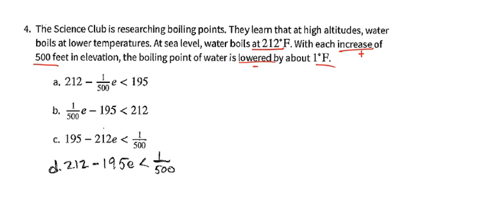I don't care that it's a science club. We're just talking about science. They learned all this stuff, but I'm just crossing this out so that we can focus on what is important in the problem. So something about 212 degrees Fahrenheit, and increasing by 500 feet gives you 1 degree Fahrenheit lower.